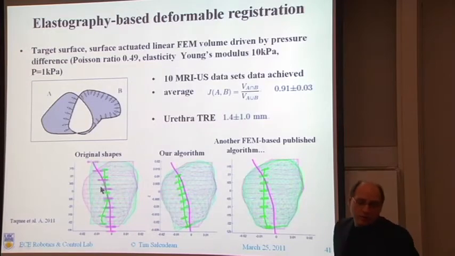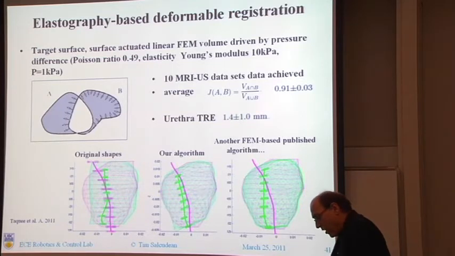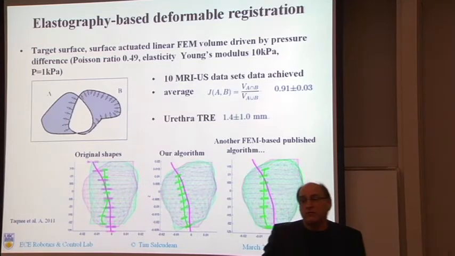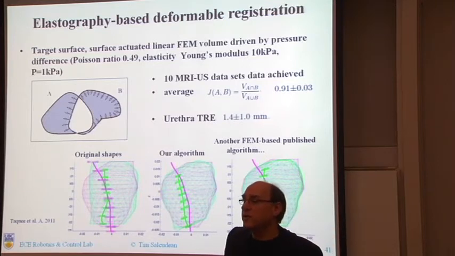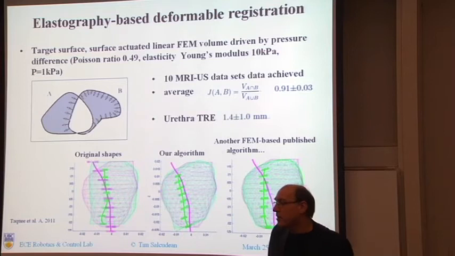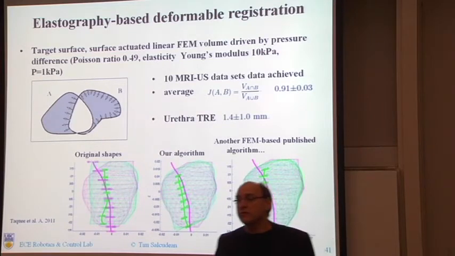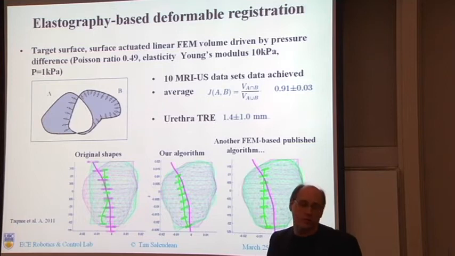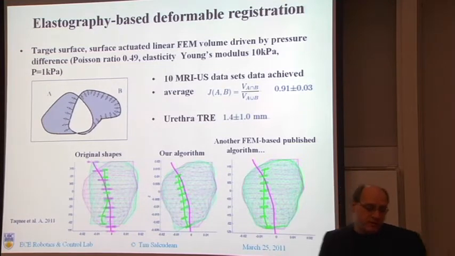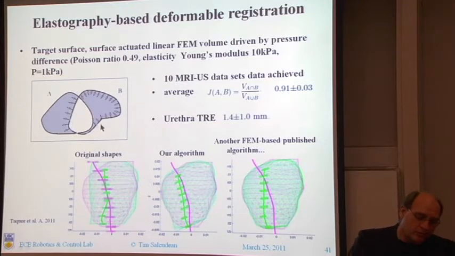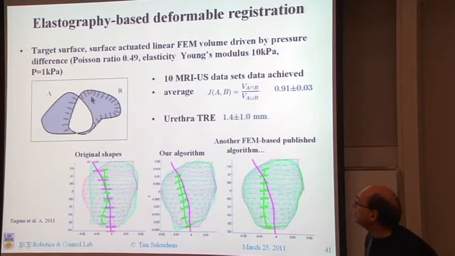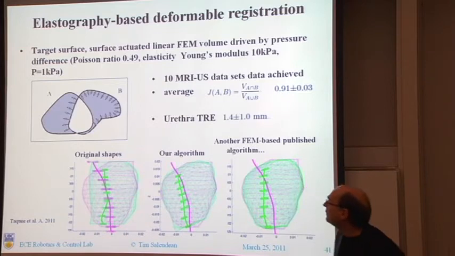Okay, I mentioned before that one attractive feature of actually knowing the elasticity parameters is that when you do something like deformable registration, this deformable registration is based on actual physical parameters and not some invented parameters. So when you take two shapes that differ, A and B, our approach is to look at the difference in the volumes and apply, in the area which is intersecting, shown in white, an increase in a fictitious pressure.